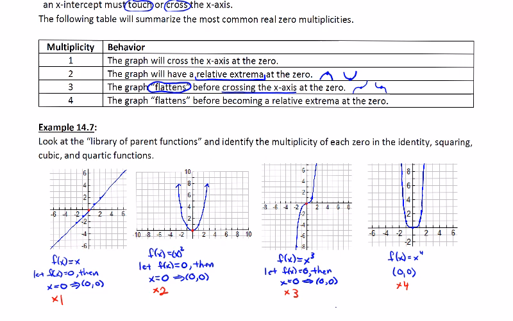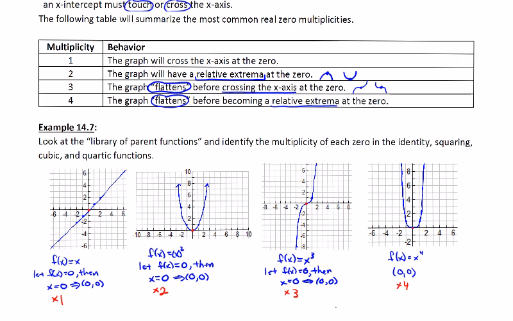So with the multiplicity of 4, we are expected to have a flattening before becoming a relative extrema. So it looks very similar to multiplicity of 2, because we're not crossing the x-axis, but we're just touching the x-axis. But you can see that it's definitely flatter at the bottom than the parabola is.